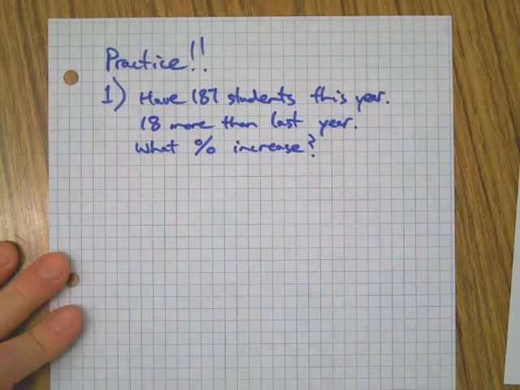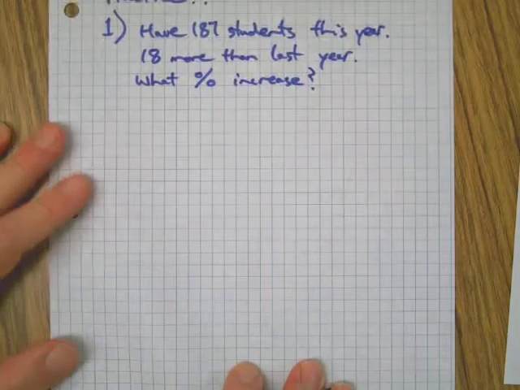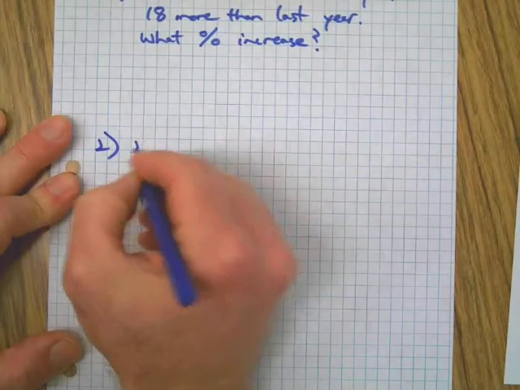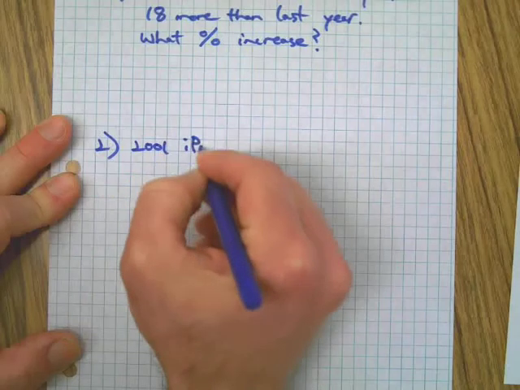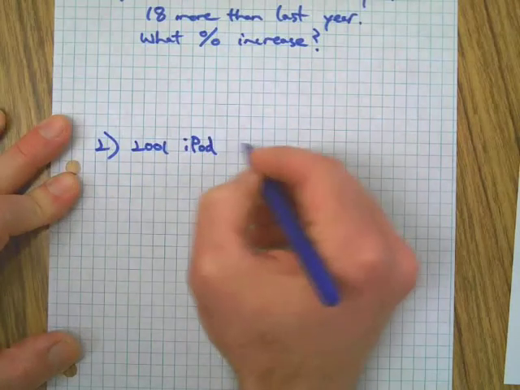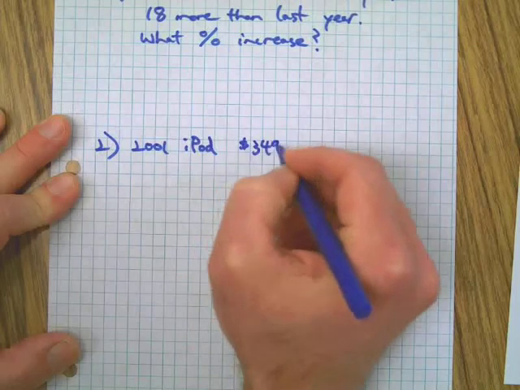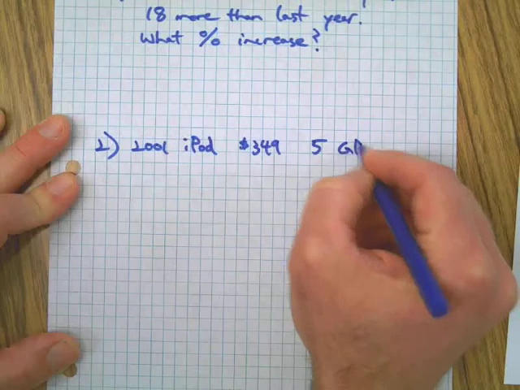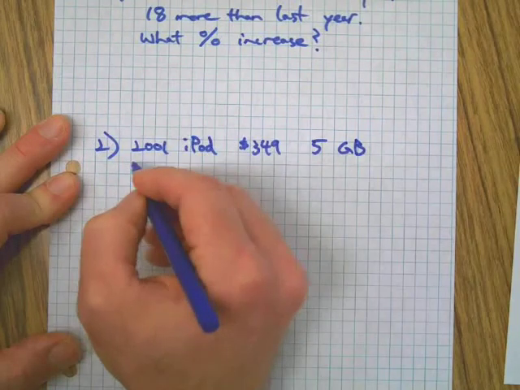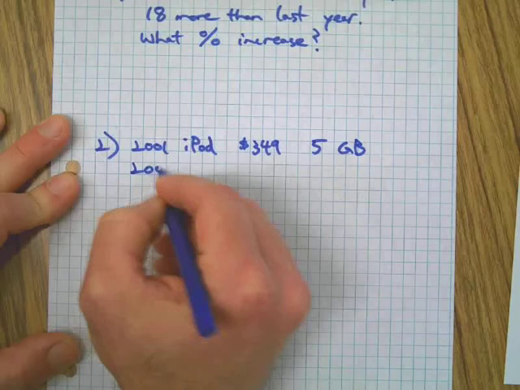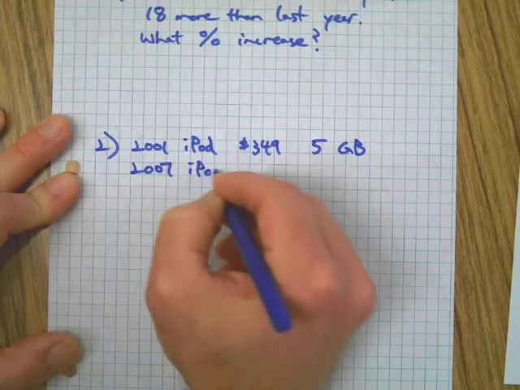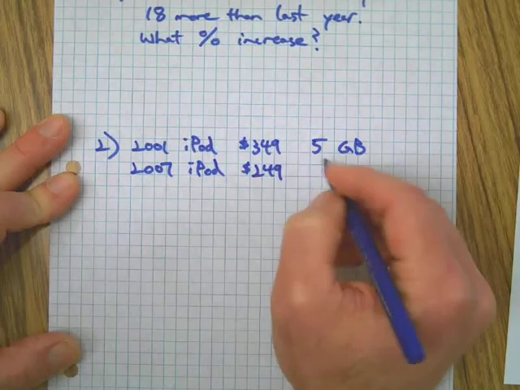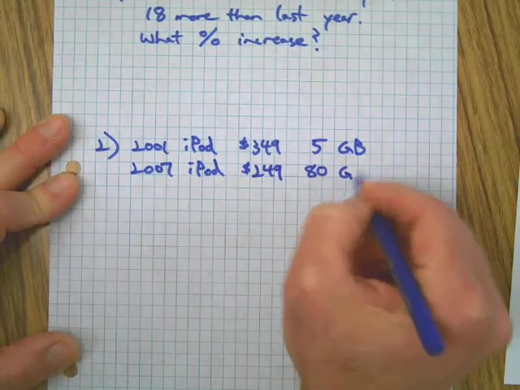I'm going to go ahead and write down the next one. Second problem. 2001 iPod cost $349 and could store 5 gigabytes. In 2007, a few years later, price went down, storage went up.